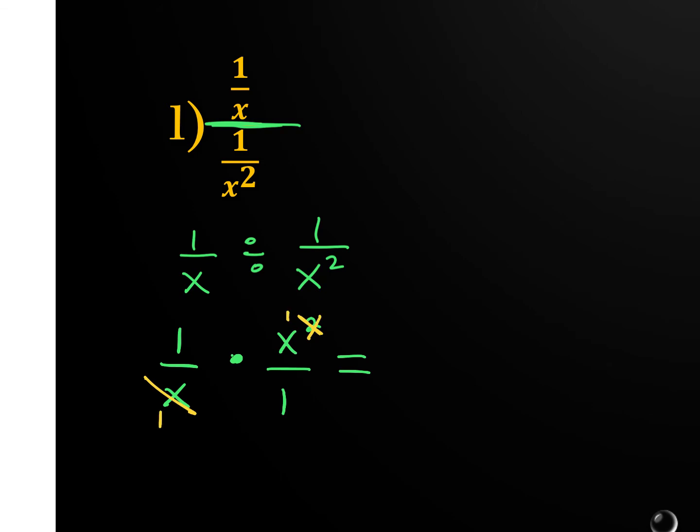Now remember, when you're canceling things, you're not making it disappear and become a 0. What's left behind is a 1. So you should never get a 0 as an answer when you're canceling things. You're left behind with a 1. Now I'm going to multiply what remains. So I have 1 times x and 1 times 1, which simplifies to just x.